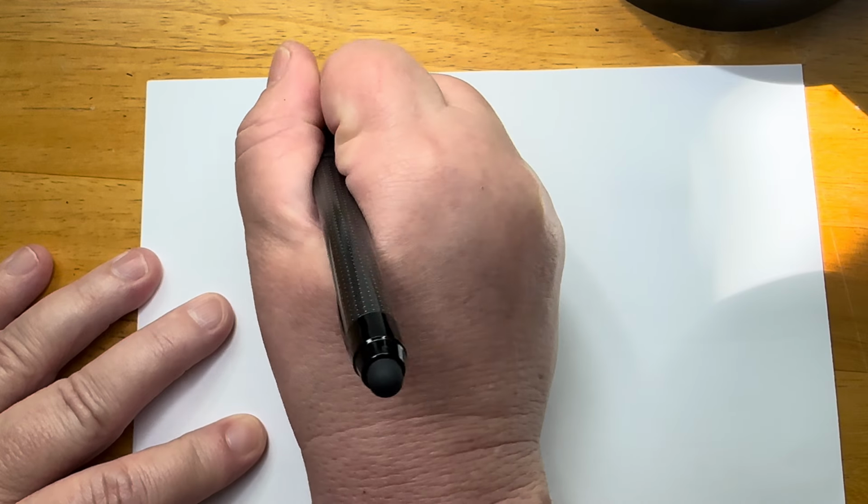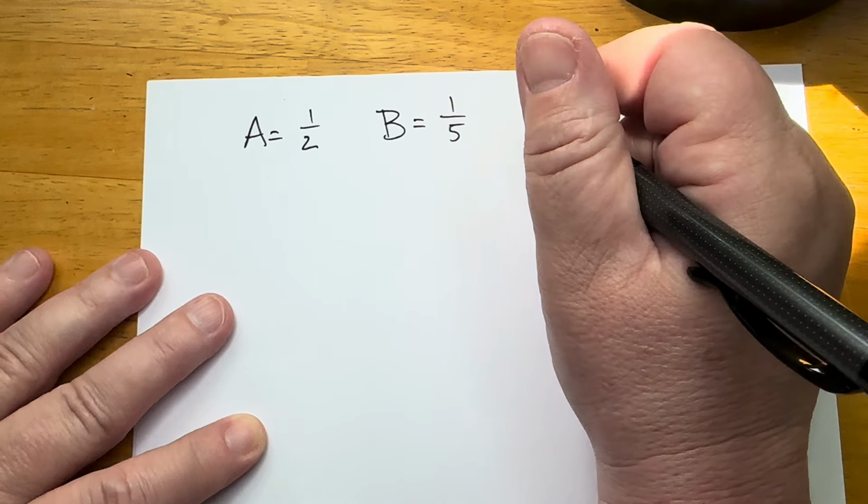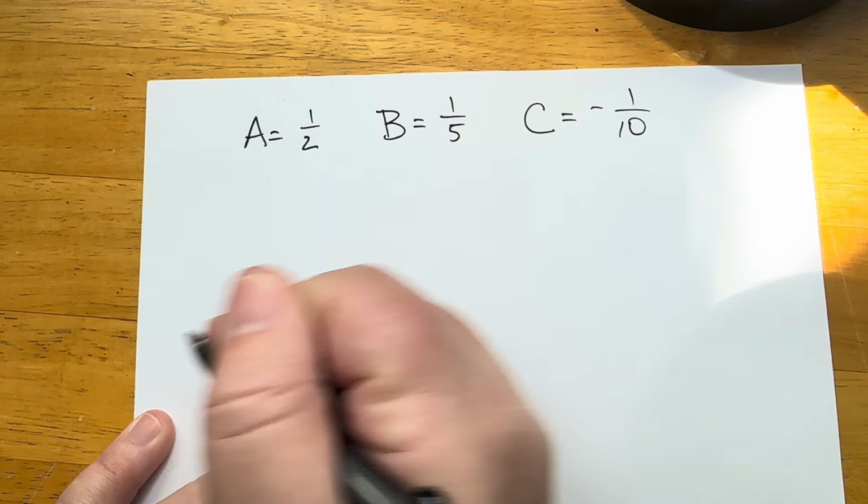So where are we? Well, we are now to the point where A equals 1/2, B equals 1/5, and C equals negative 1/10.